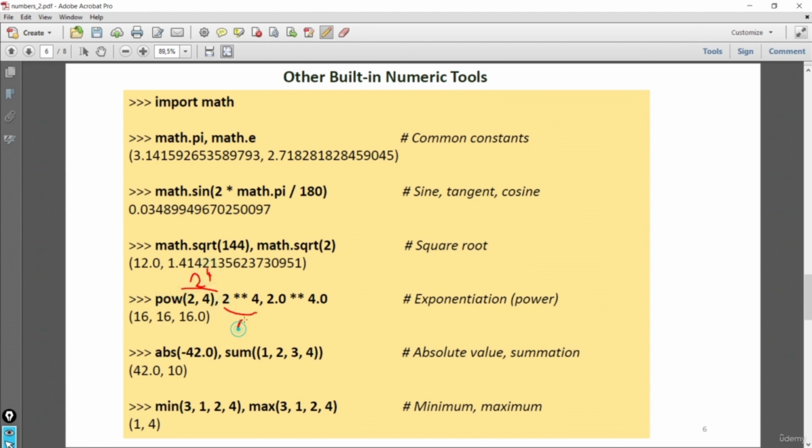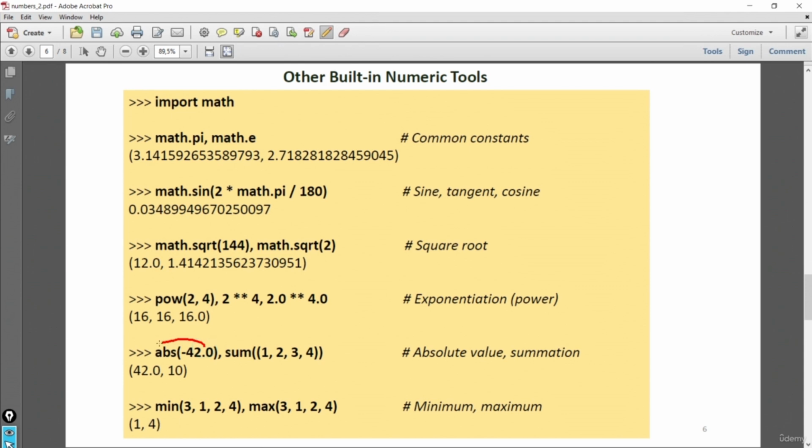Double star can also be used for power calculations. This is also 2 to the power 4. But here we have floating point numbers, so the result will be floating point. And here we have only integers, so the result will be an integer. Here also we have only integers, so the result will be an integer.